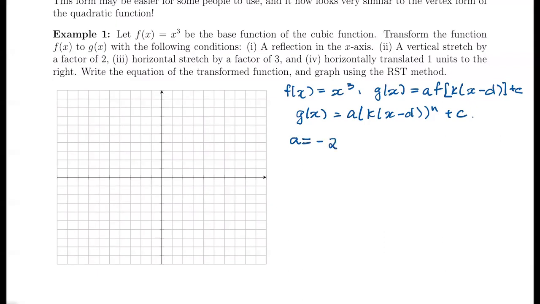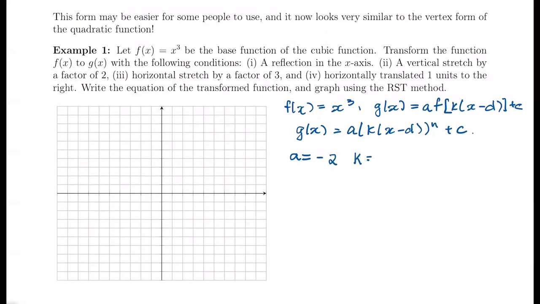Now that we also have a horizontal stretch by a factor of 3, that means k, remember, also has to be 1 over k. So that means we're going to have the value 1 over 3 inside the k. And d for the horizontal translation, 1 unit to the right. So that means d is equal to 1.